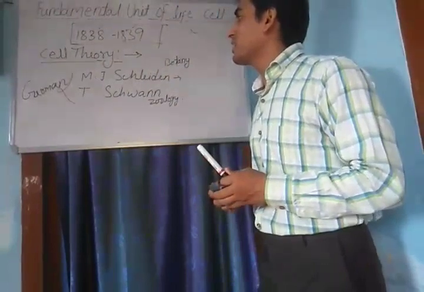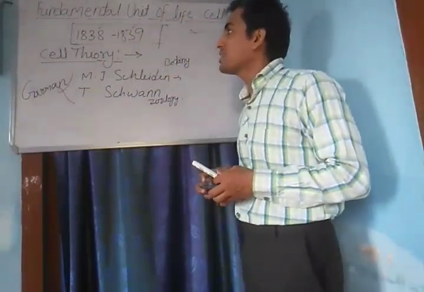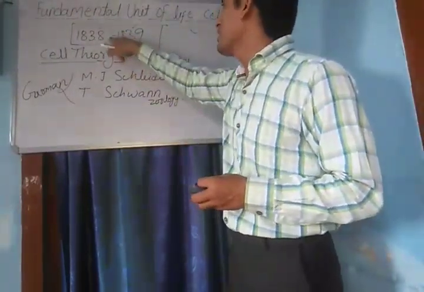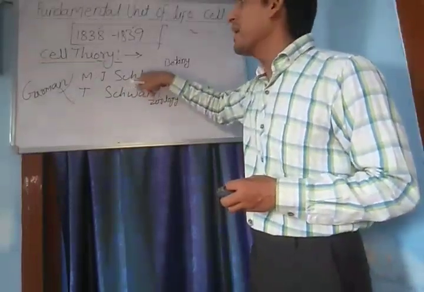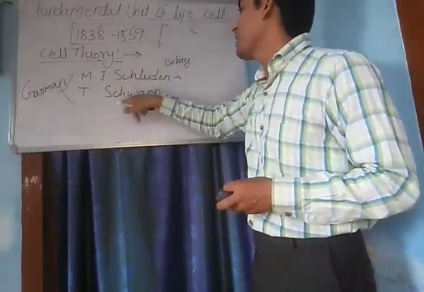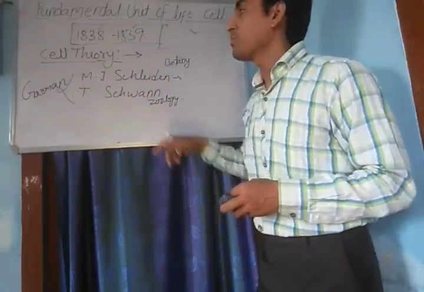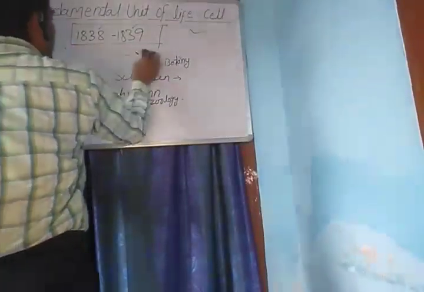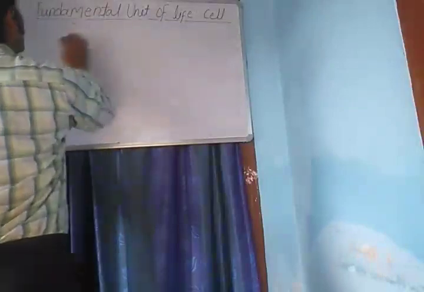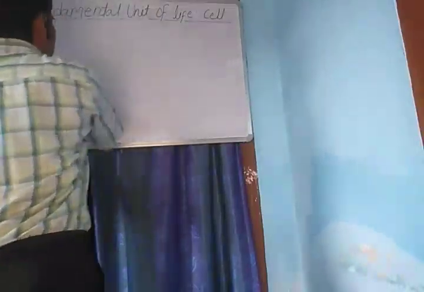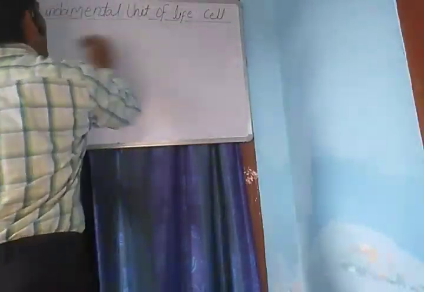M.J. Schleiden worked in botany, and Schwann in zoology. Cell theory was represented in 1838, studied by M.J. Schleiden, and in 1839 studied by Schwann. The statement at that time given by M.J. Schleiden and Schwann: cell is the structural and functional unit of life.